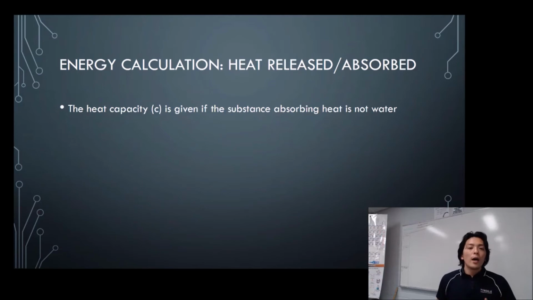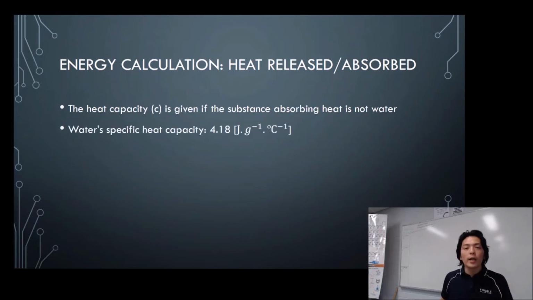Now, the heat capacity, the C or CP, is given if the substance absorbing heat is not water. What I'm saying is water has a specific number, so it's a constant. It's going to constantly require 4.18 joules per gram per degree Celsius.